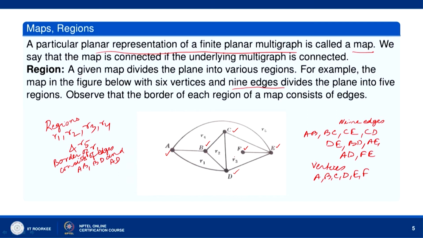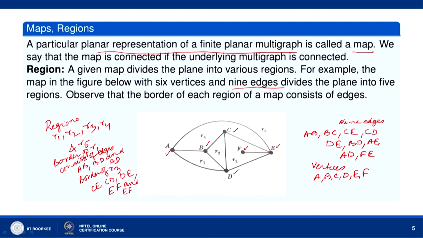Likewise, if you see the R3 region, the border of R3 consists of edges CE, then CD, then DE, then EF and FE, because it can be considered as a closed path.